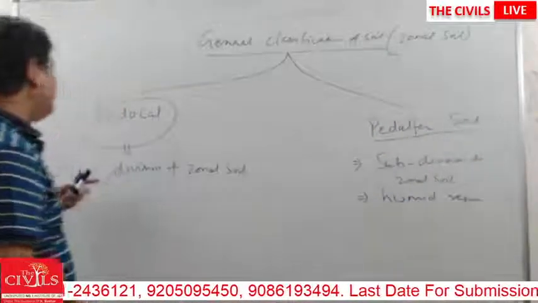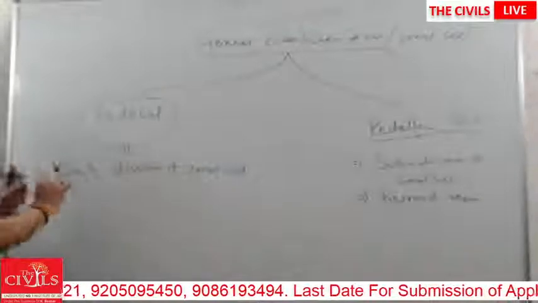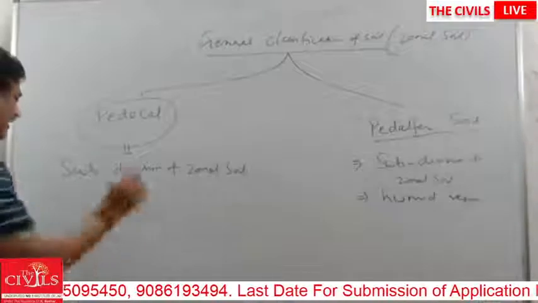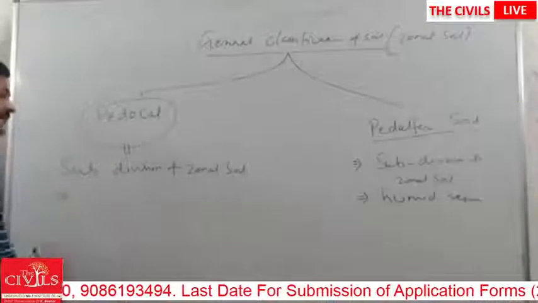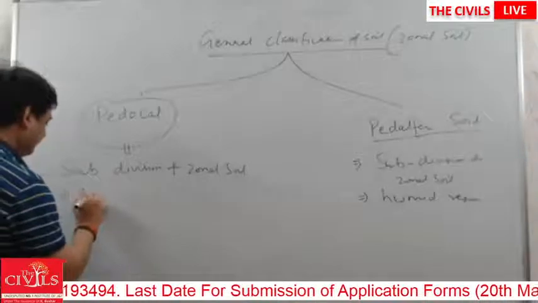Peduncle soil is found in arid and semi-arid region.